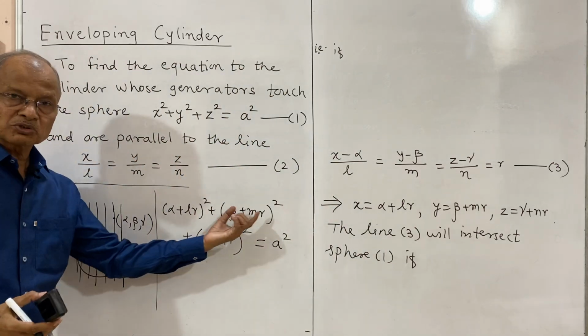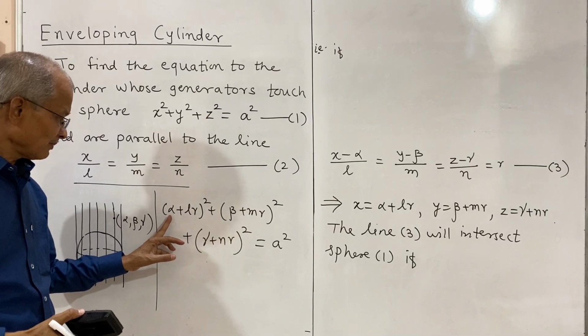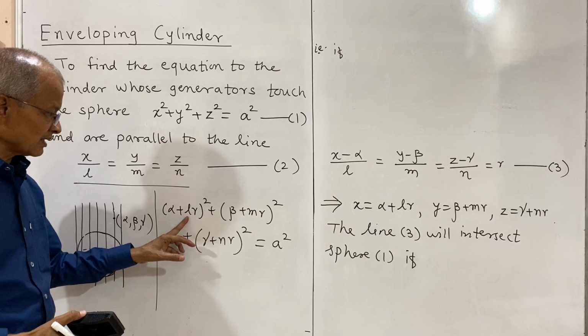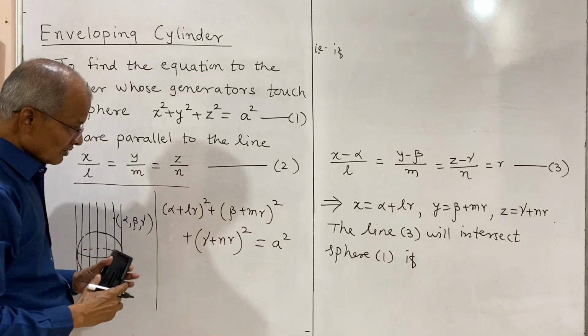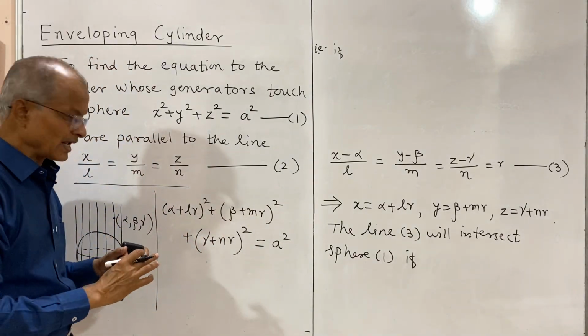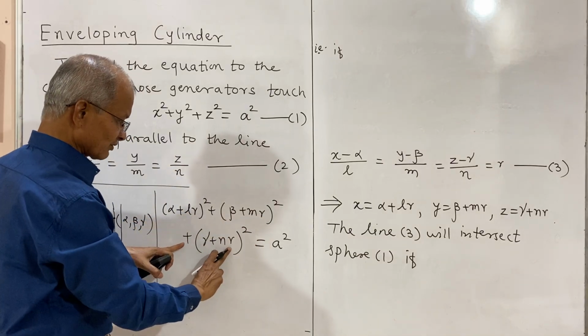we expand these terms, the terms will be of this type: alpha square plus 2 alpha LR plus L square R square, the middle term being 2 alpha LR. Here also the terms are there, and we collect the terms of R square. Here are L square R square, M square R square and N square R square.